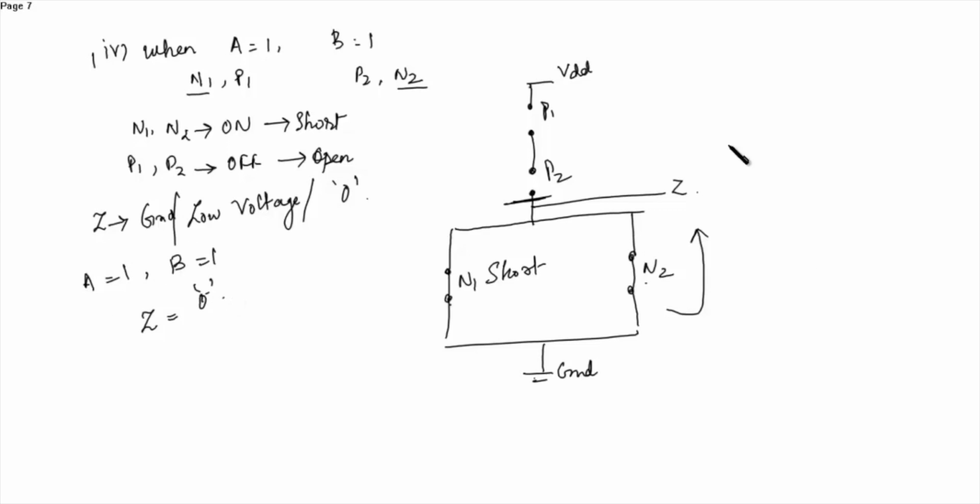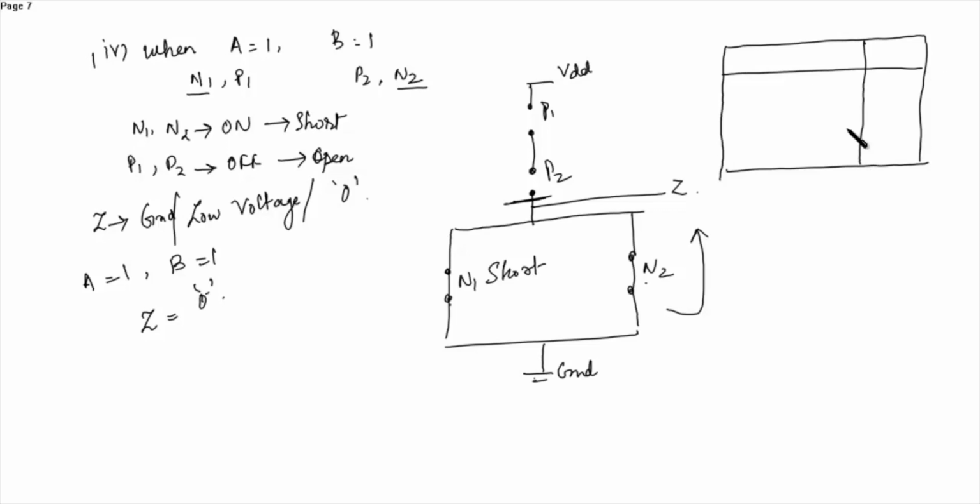So from here you can verify the truth table of NOR gate. 0 0, 0 1, 1 0 and 1 1.